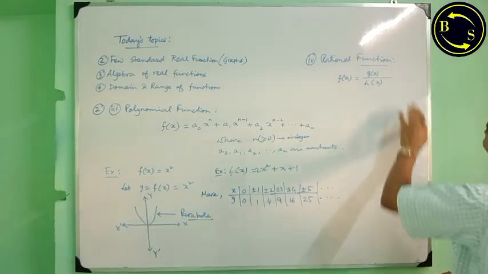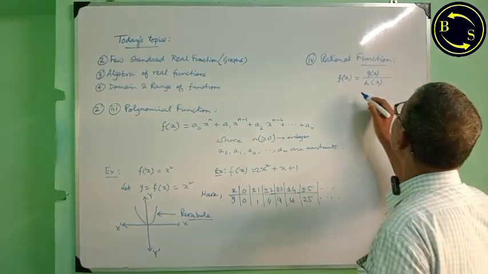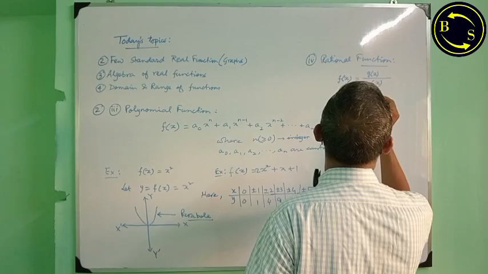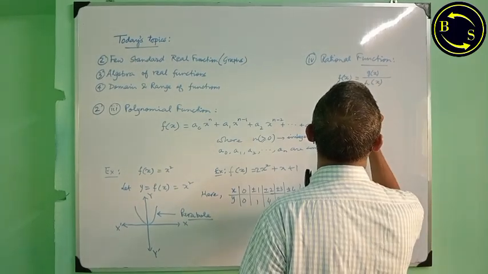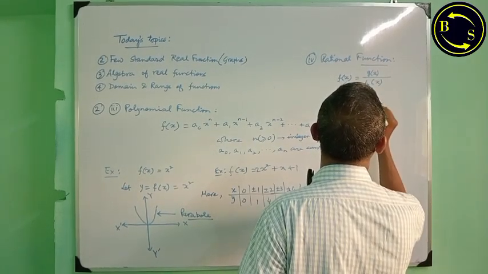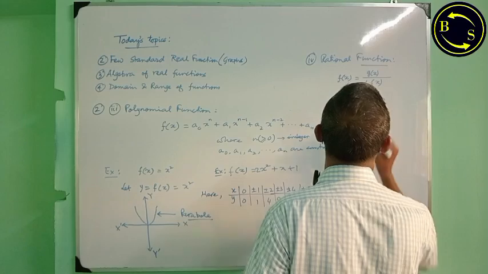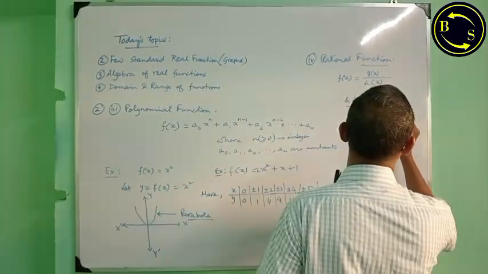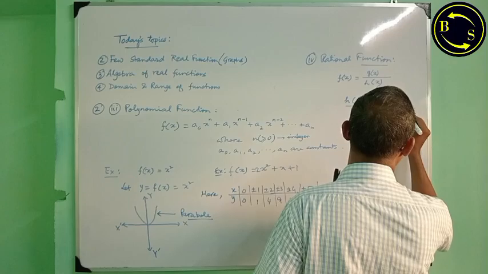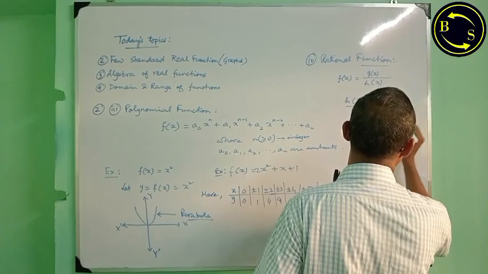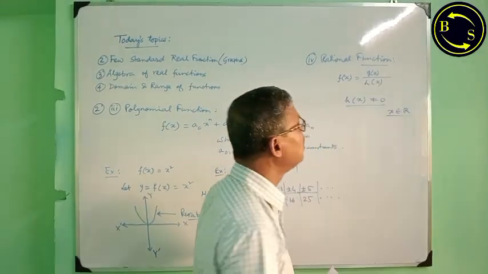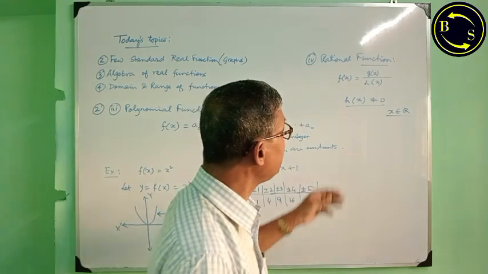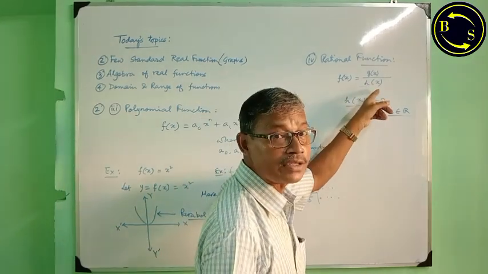That means fraction form. Here, for existence of f(x), h(x) must not be 0. This is to be kept in mind, and x is any real number except the values of x for which h(x) vanishes.